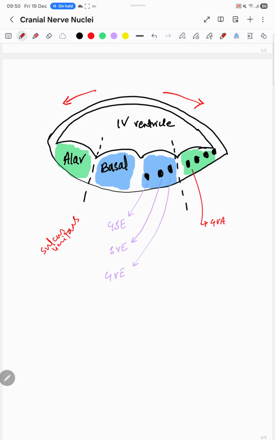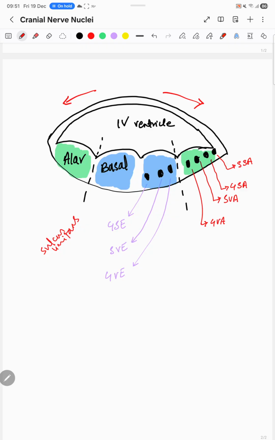And what about this guy? This guy is special visceral efferent, and this guy should be general somatic efferent, and this guy is special somatic efferent.